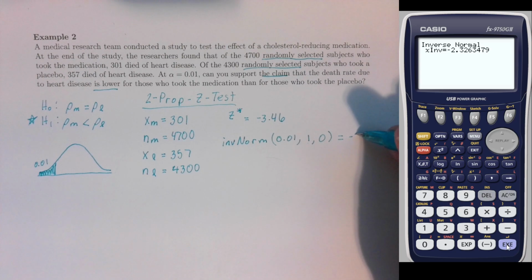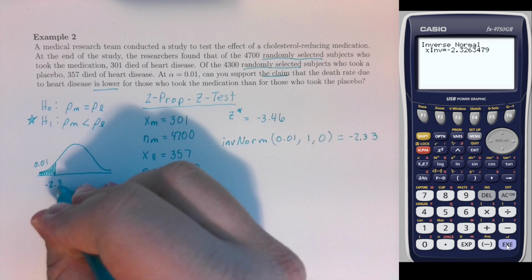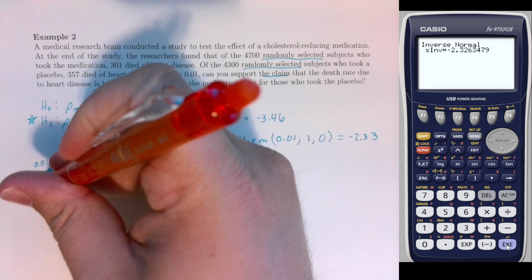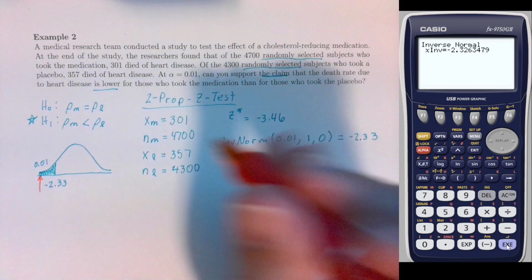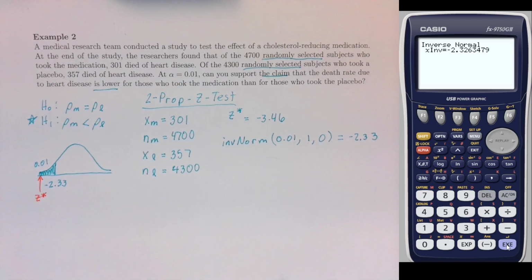So we're getting negative 2.33. So that's this cutoff value. Then z star falls over here because it's negative 3.46.